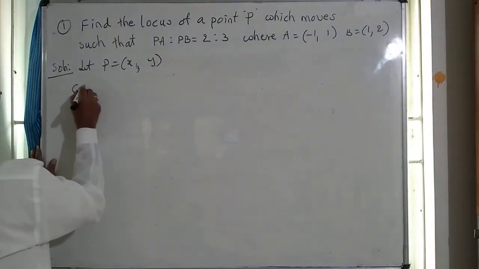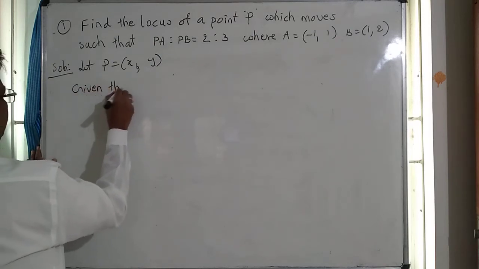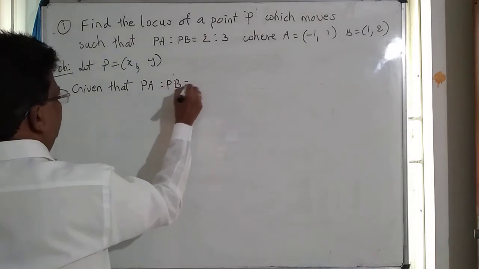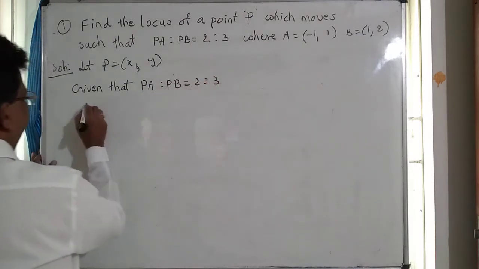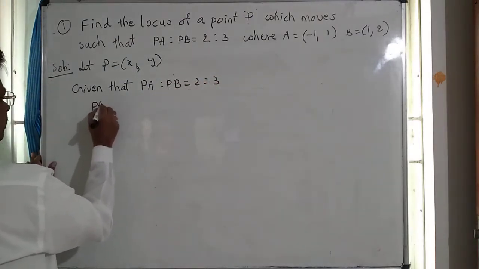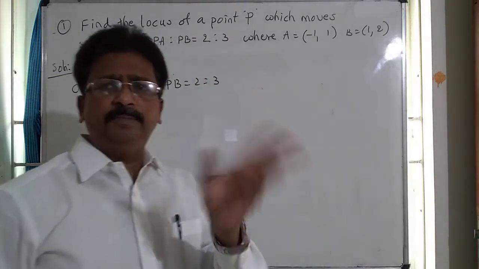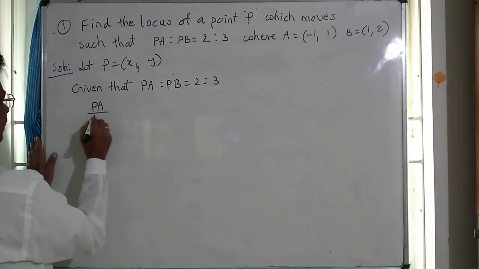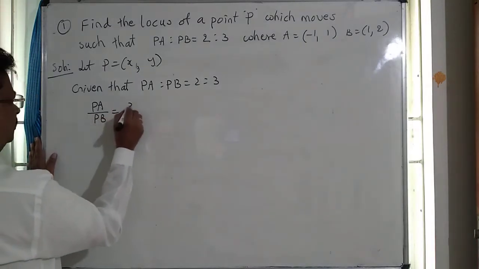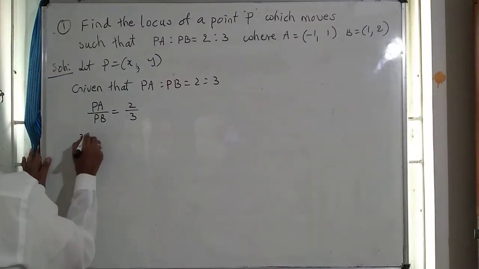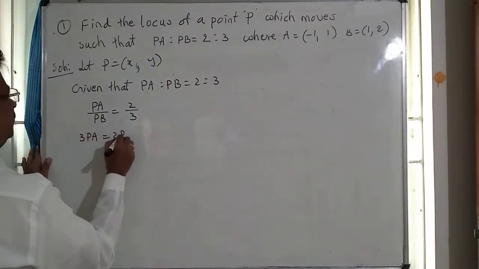Given that PA is to PB is equal to 2:3. A ratio means division, PA divided by PB is equal to 2/3. Next, making the cross multiplication, 3PA is equal to 2PB.